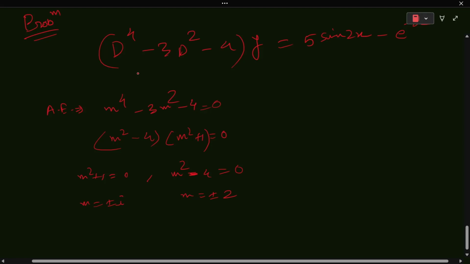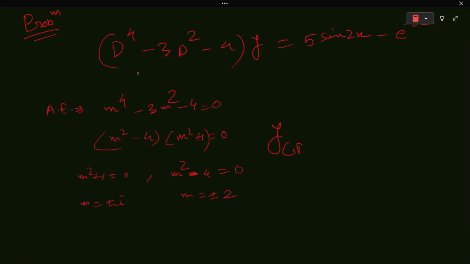So what we will have is the complementary function. y CF is nothing but, so 4 roots means 4 different terms, so 4 different constants. For plus minus i and plus minus 2: plus minus 2 means one root is plus 2 and another root is minus 2.